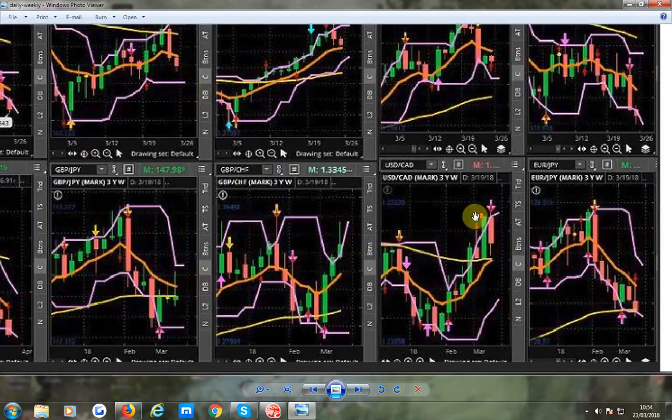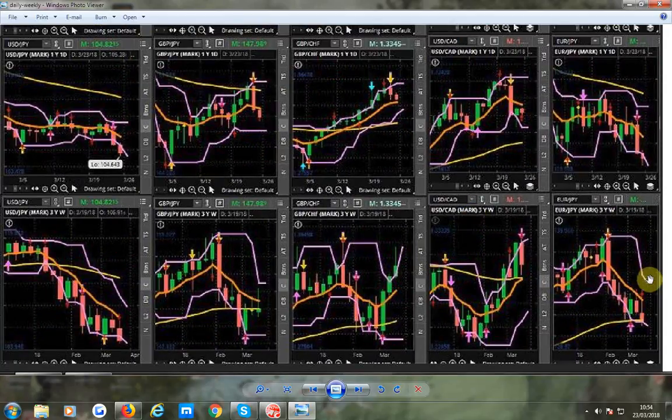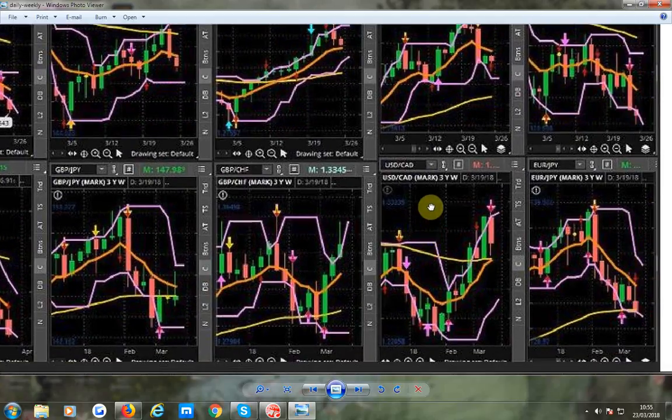Second example I want to give is the EJ, which is in the bottom right hand corner again, weekly, and the daily above there. I'll just get in a bit closer again. The same thing happened here. Three weeks ago you had this, against the trend, weekly red, pink, or whatever it is.